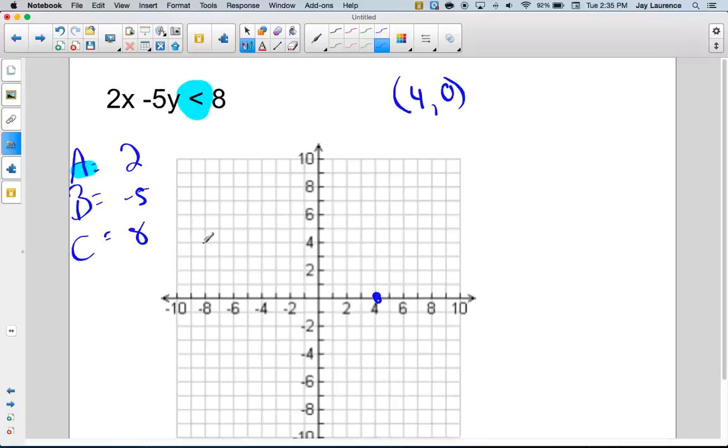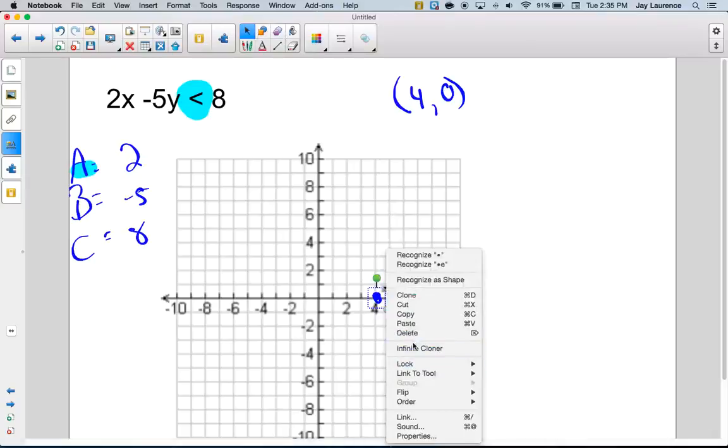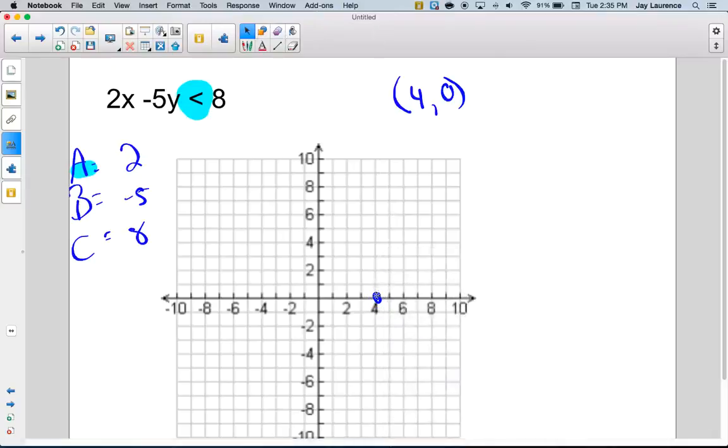And I don't like the y-intercept because it's not coming out to an integer or a whole number. And so I will use my slope, which I believe will be 2/5. Right? -a over b. So I'm going to rise 2 and run 5, and I can go down 2 and left 5.